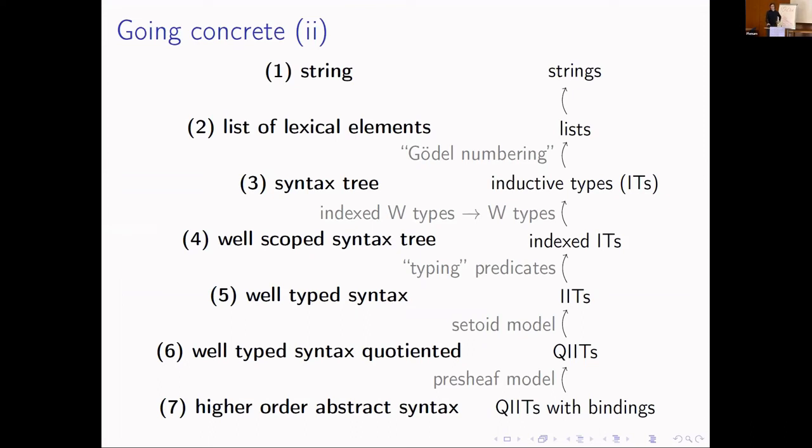These are generic constructions. So to go from QIITs with bindings to QIITs, we need a presheaf model construction. So the presheaves, as terms become natural transformations, and naturality will give us the information that everything respects substitution. So naturality is respecting substitution.